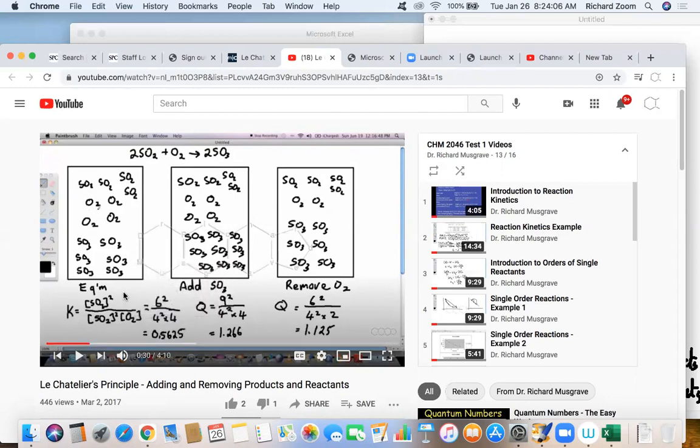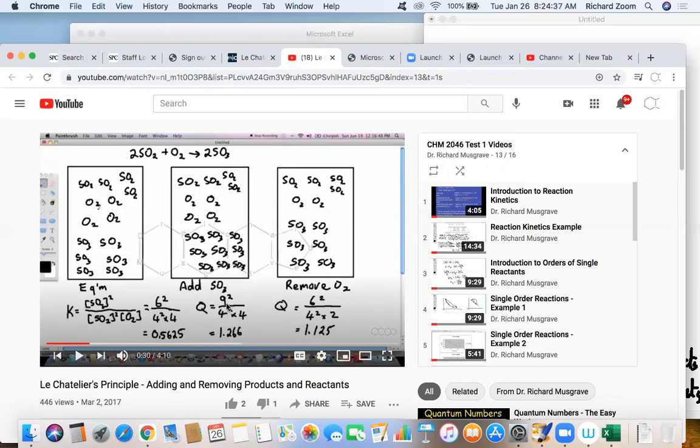Does anybody have any questions about what I've done so far with the K? So what I've done in the next box here is I've added 3 SO3 molecules. By doing that, the reaction is no longer at equilibrium. So we're no longer talking about K, we're talking about Q. Q now is going to be 1.266 because now I've got more SO3 molecules than I used to have.